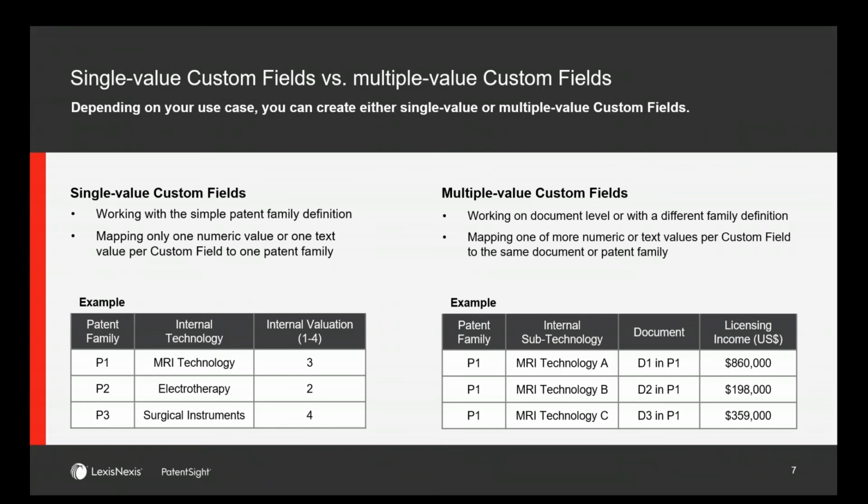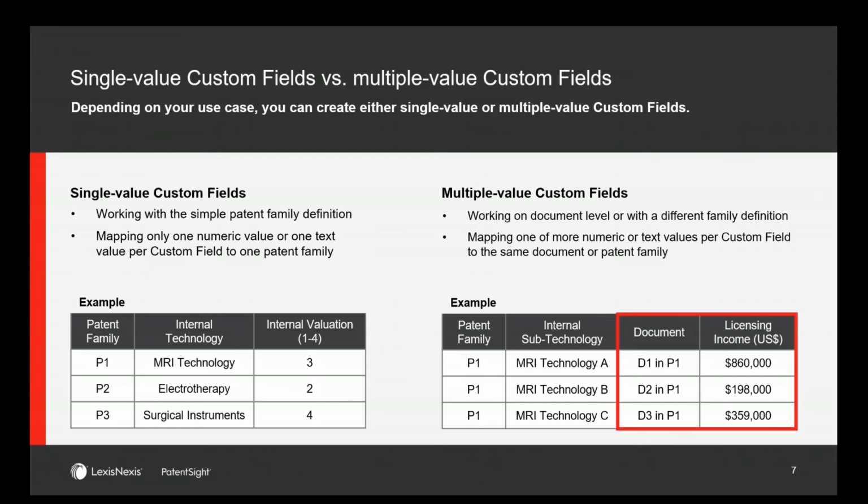And so you would get basically, in this case, 3 values which would be mapped to the same patent family within the same custom field. And what we would create here would be, for the internal sub-technology, a multiple value text custom field. For the licensing income, it would be a multiple value numeric custom field.